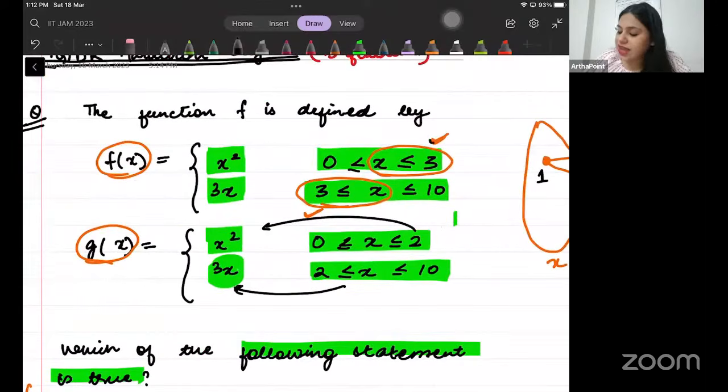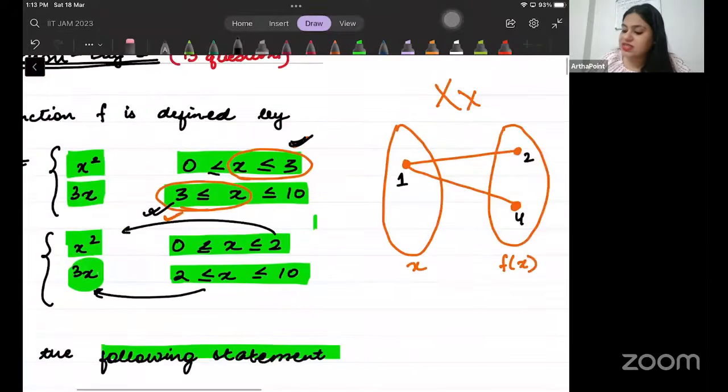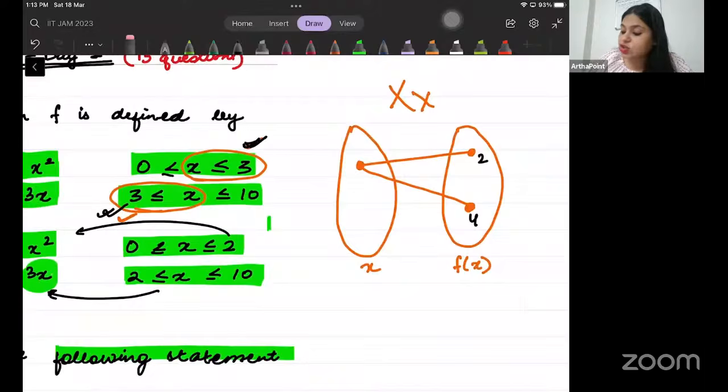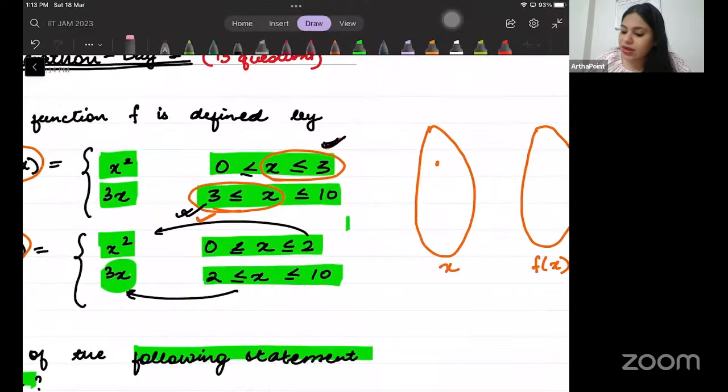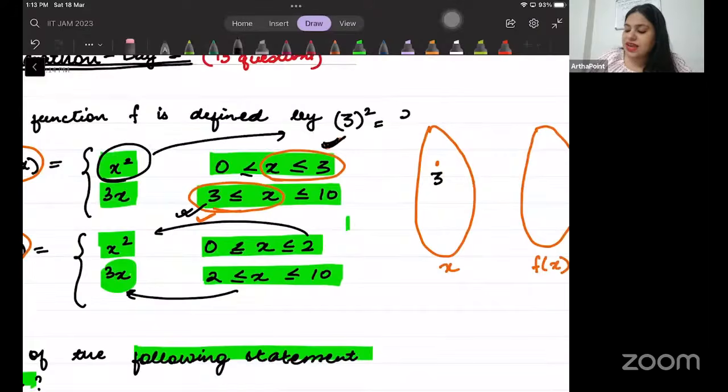So let us go ahead and elaborate this here. So note that x is equal to 3 is included on both the sides. That means that whenever I put x is equal to 3, I should get the same value. If I get different values, then it will not be a function. So when I put x is equal to 3 in this part, I get 3 square, which means I get 9.